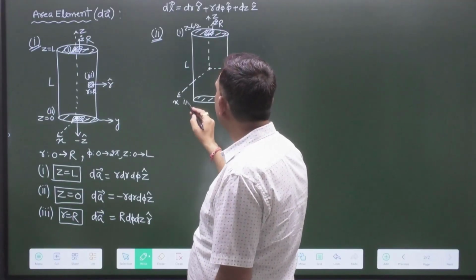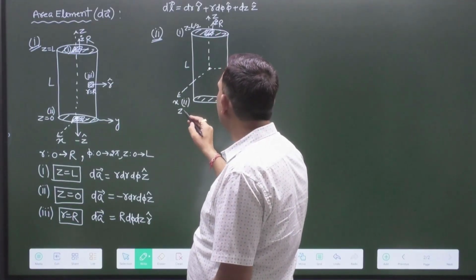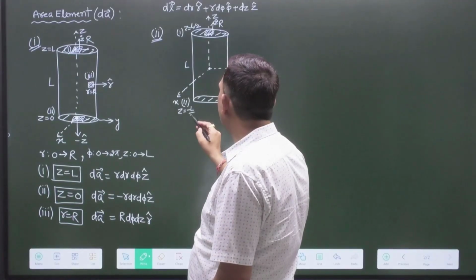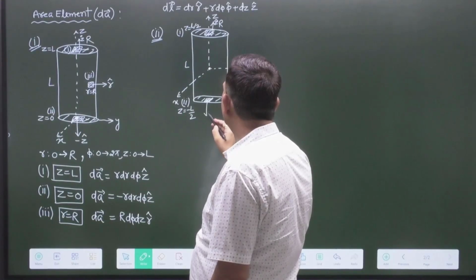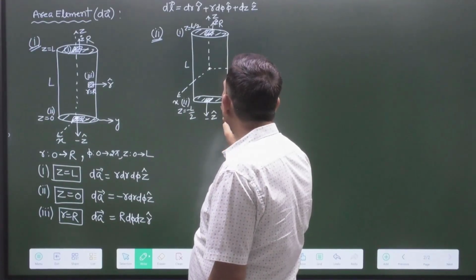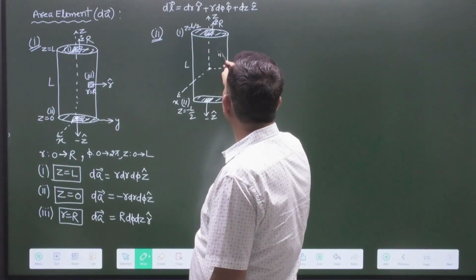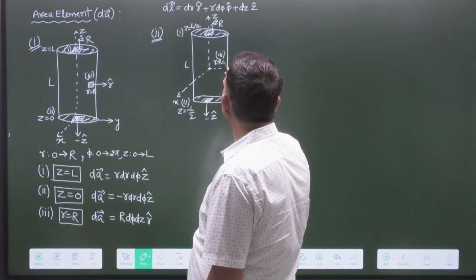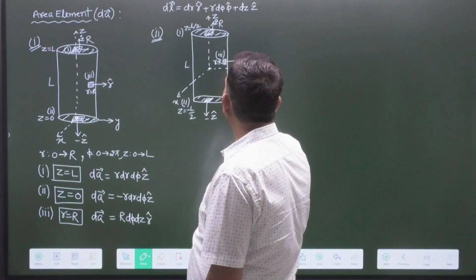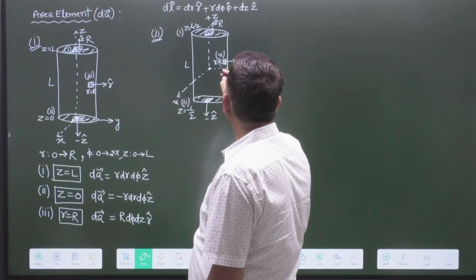Surface 2 is z is equal to minus L by 2, and the direction of the area element is minus z cap. Surface 3 is the same, r is equal to R surface, and this direction is r cap.